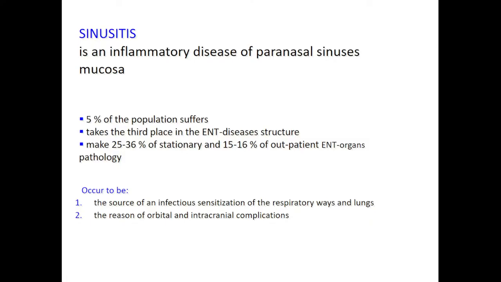It takes the third place in the ENT disease structure, making up to 36% of stationary and 16% of outpatient ENT organ pathology.